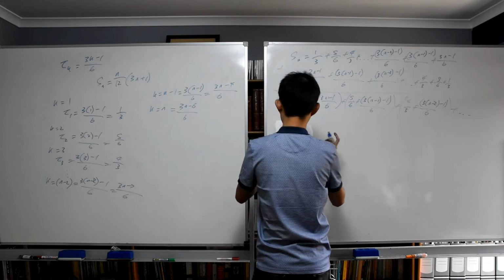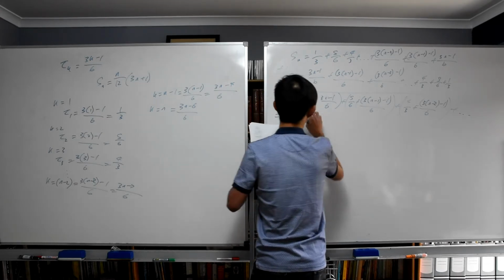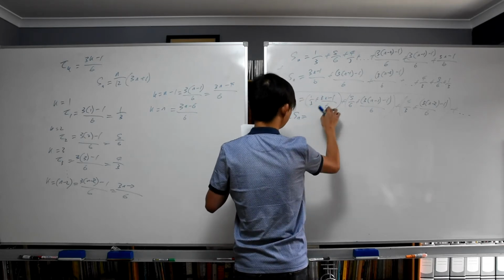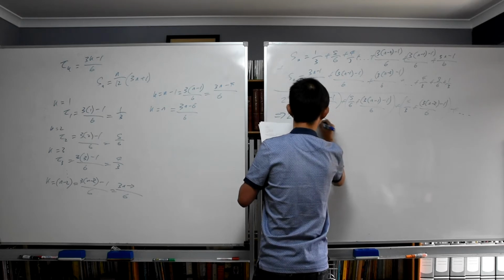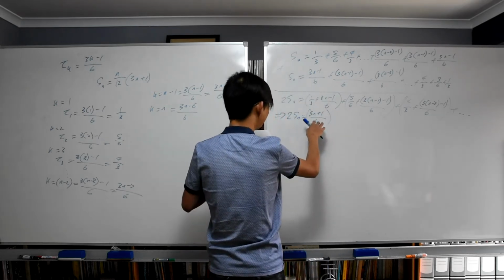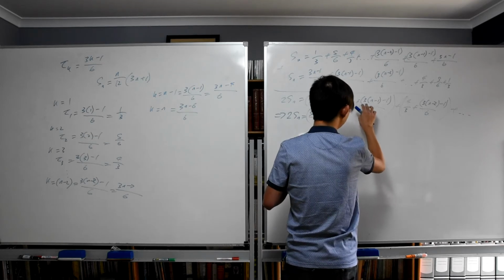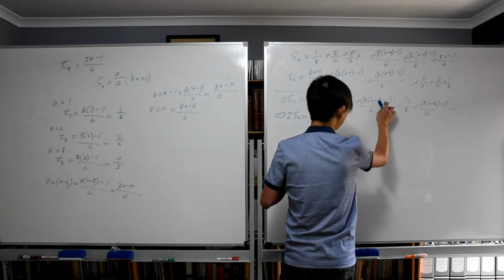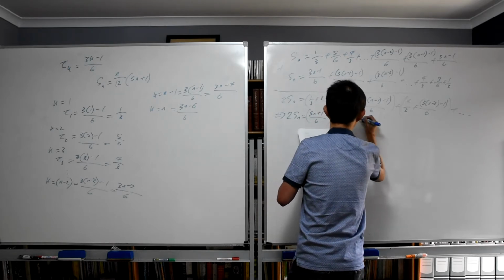What we have now is, well, 1/3 plus 3n minus 1 over 6 is going to be 3n plus 1 over 6. 5 over 6 plus 3n minus 4 over 6 is going to be 3n plus 1 over 6.